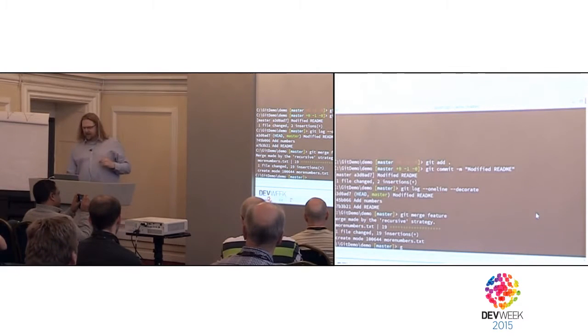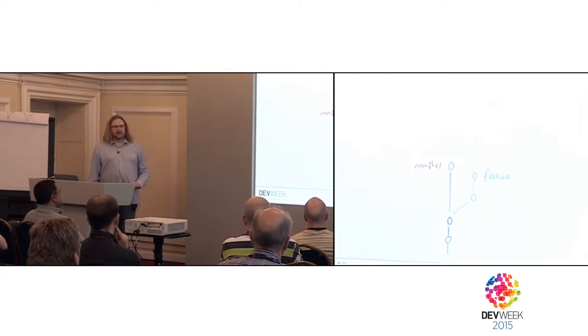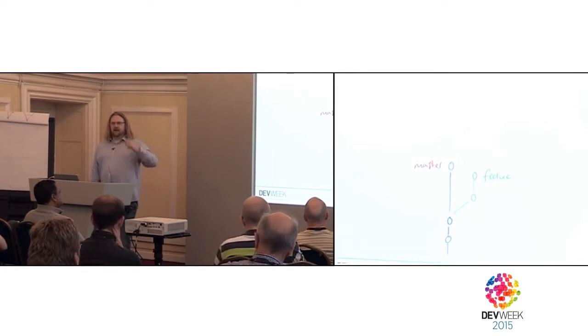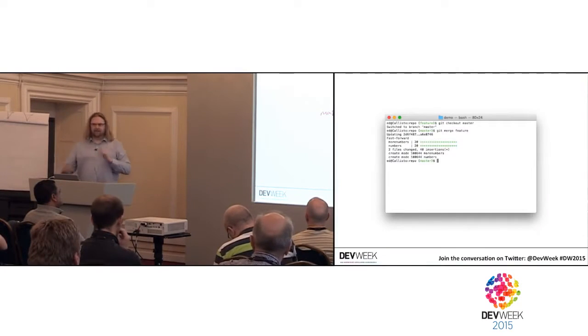And I made a change so that it looked like this. So I'd switched onto the master branch, I'd made a commit, so I still had commits on the feature that I needed to pull over.